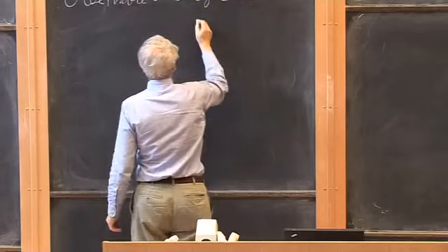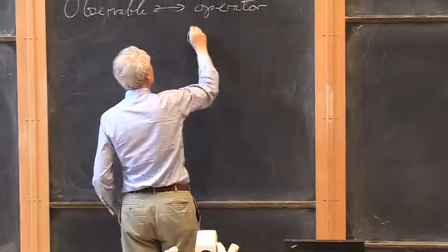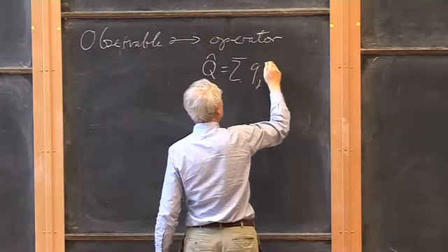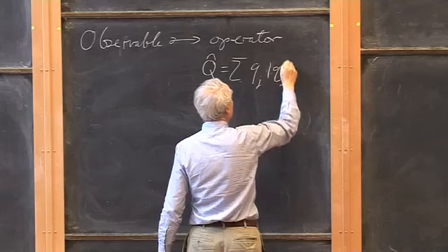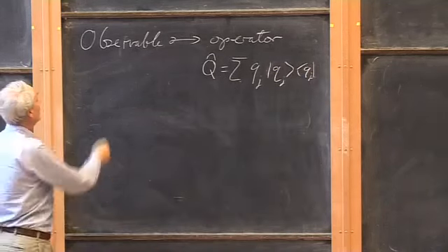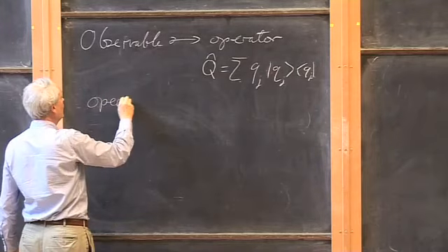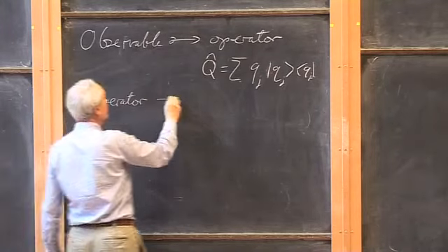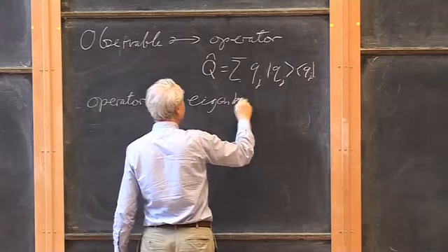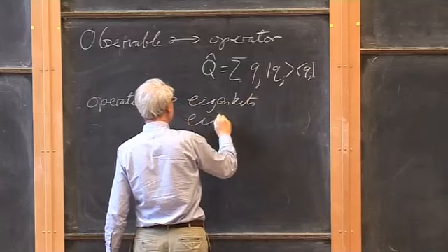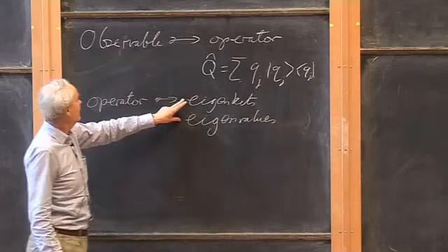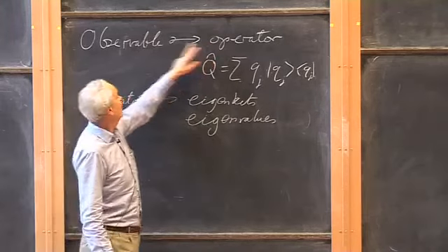We did it originally by saying that the observable associated with Q was by definition Q_j, and we're taking advantage of the fact that a Hermitian operator is uniquely characterized by its eigenkets and eigenvalues. So if you specify these, you specify these.